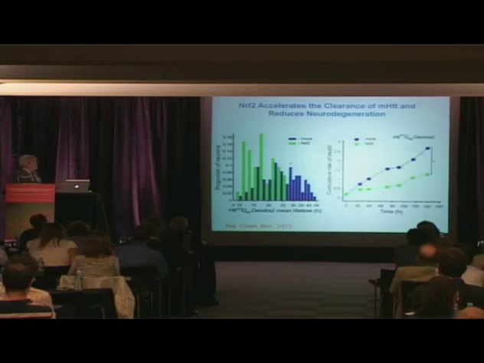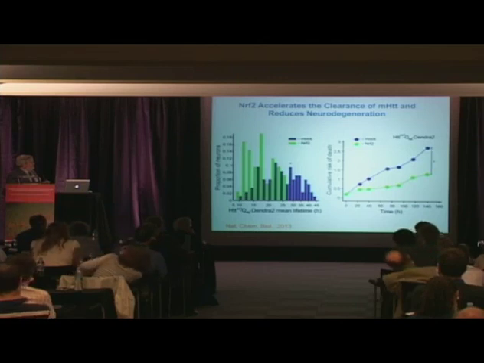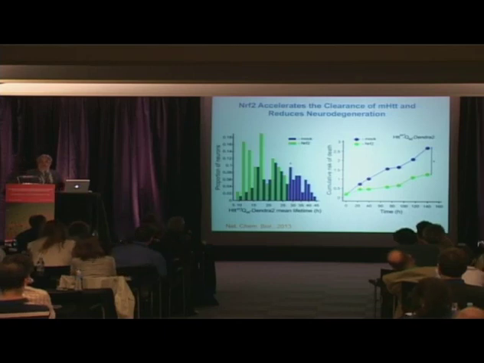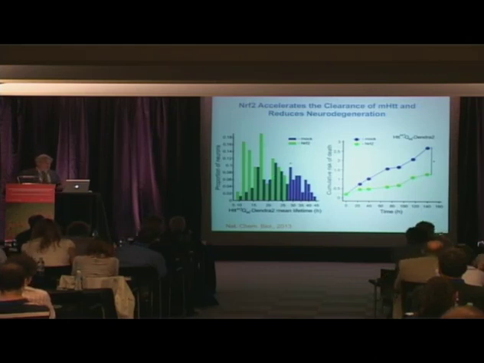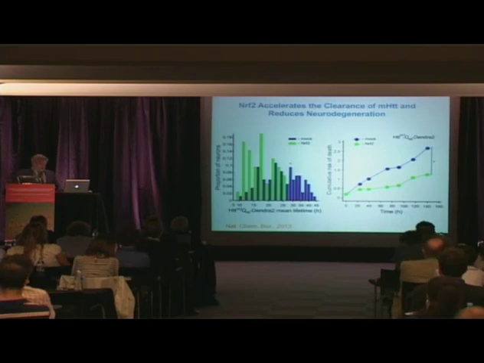And when we did this, we also saw a dramatic improvement in survival. So the cumulative hazard with mutant Huntingtin is normally here. It drops essentially to baseline levels when NRF2 is introduced. So it's highly neuroprotective, at the same time that it's accelerating the clearance of mutant Huntingtin, lowering its levels. So we think that the cell's protein homeostasis response to mutant Huntingtin is a really important component for determining whether it's going to die.